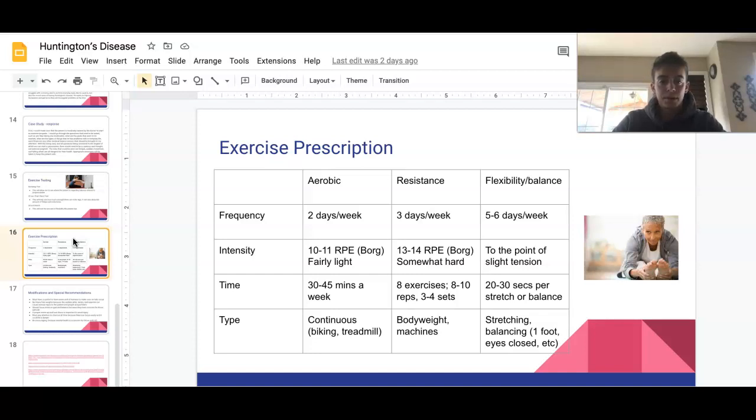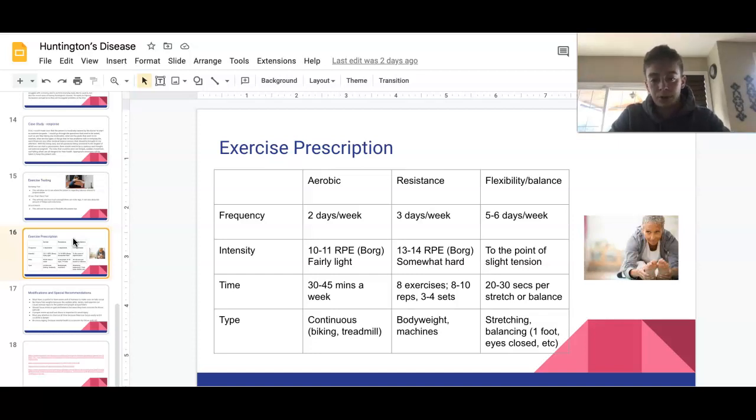For resistance frequency, we would do 3 days a week. It's a little more than aerobic in each aspect. Intensity-wise, a little more than aerobic, 13 to 14 RPE on the Borg scale, which is considered somewhat hard. Time-wise, we would do 8 exercises, 8 to 10 reps, 3 to 4 sets.